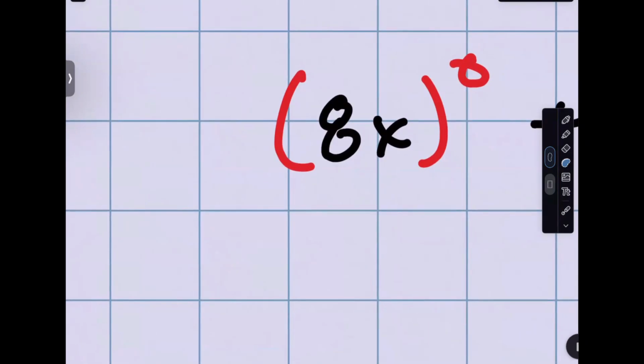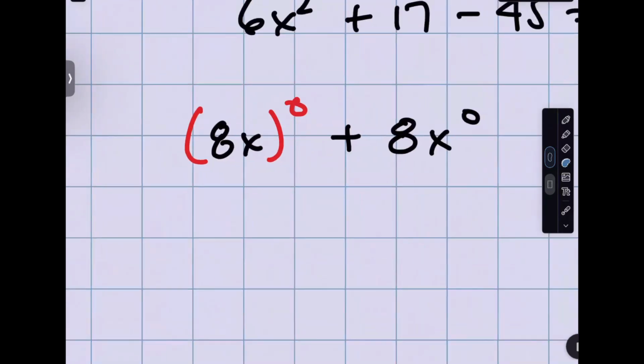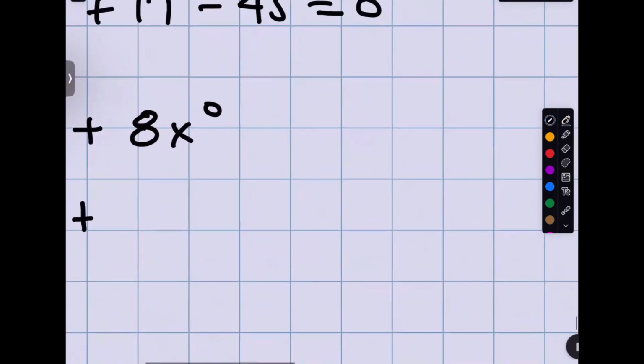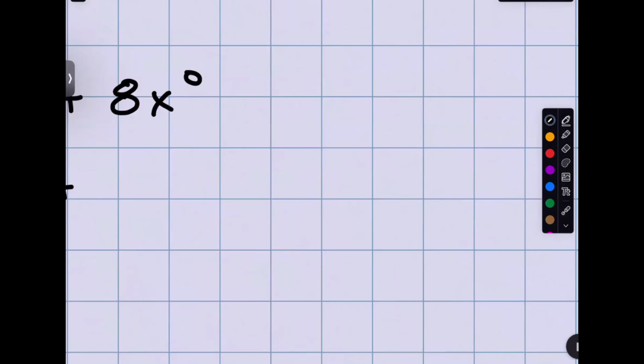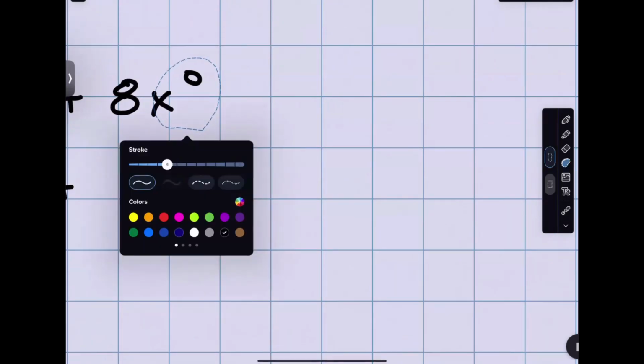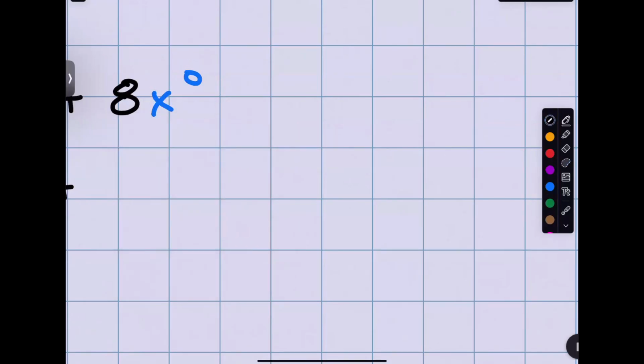What's anything raised to the 0 power? What is the power of 0 attached to? So that means the 8 is not affected. What is x to the 0 power?